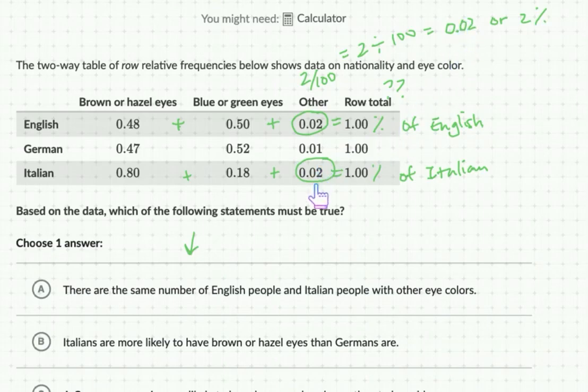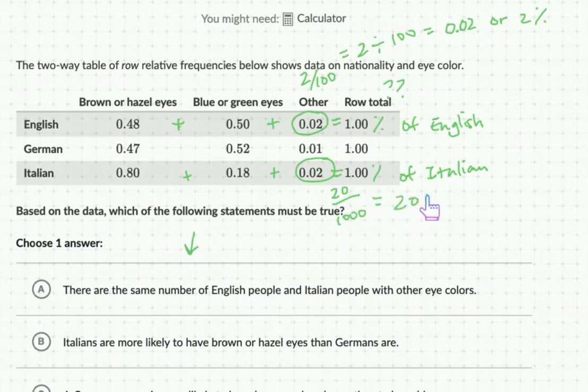But it could be that they didn't survey the same amount of Italian people as English people. This could have been, let's say, 20 out of 1,000 Italian people. They could have just surveyed 100 English people, and 2 of them had other colors to get that 2%. But they could have surveyed 1,000 English people, and 20 of them had other colors.